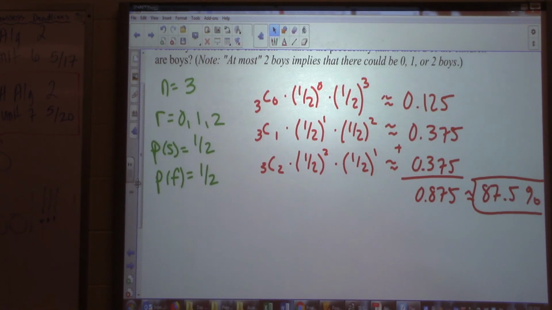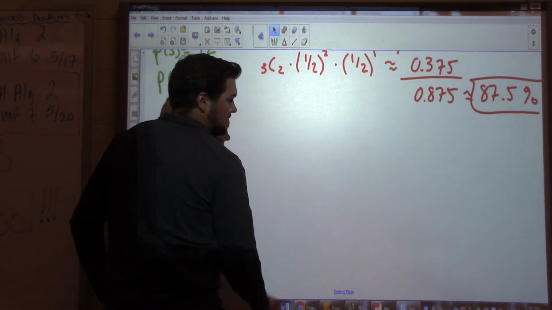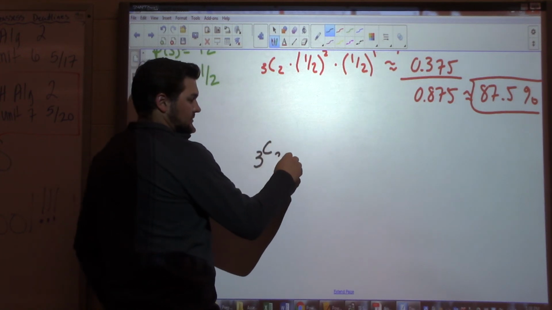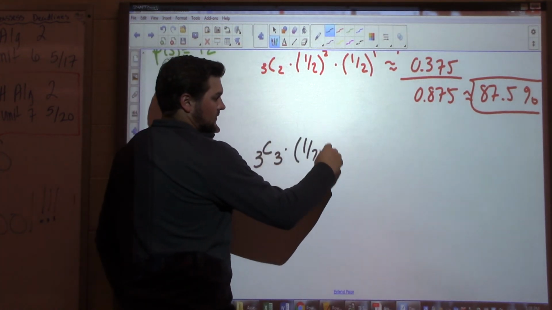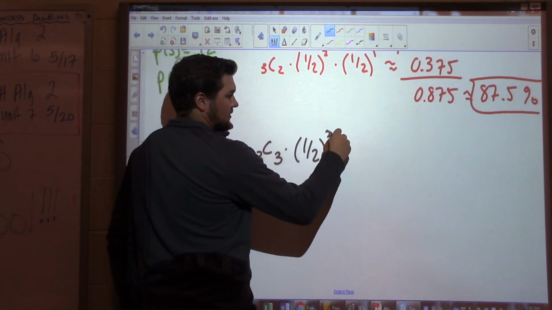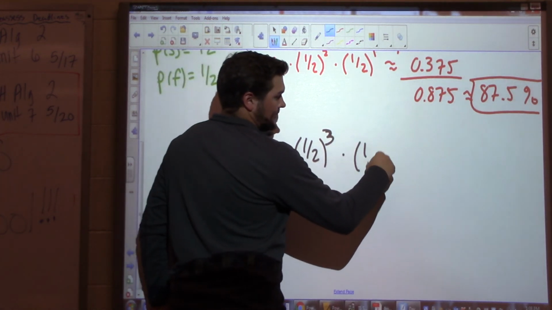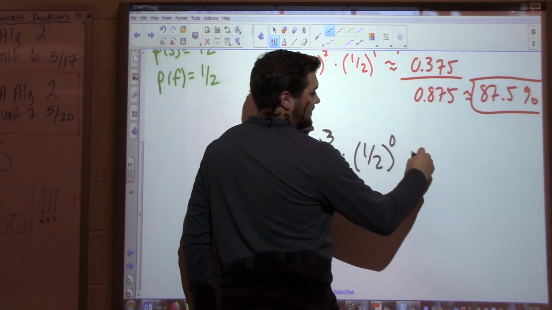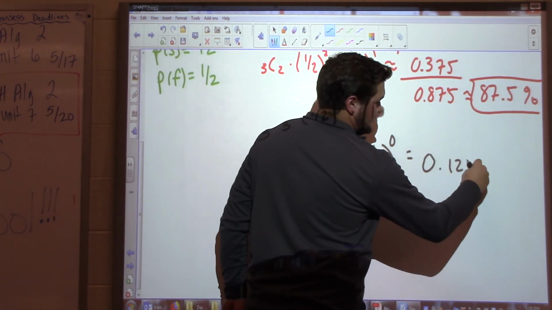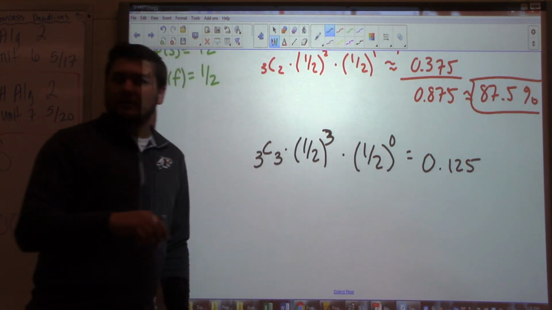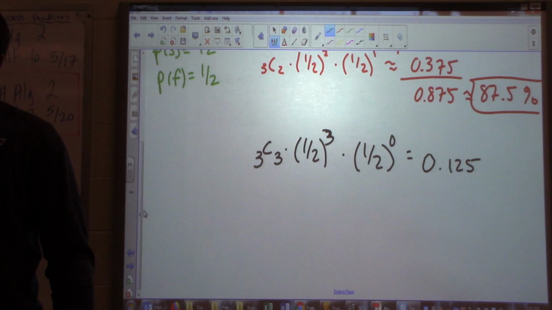Yeah, so sometimes, like on the homework tonight, it might be a little bit easier to work backwards. So instead of doing it this way, doing 3C3 times 1/2 to the 3rd times 1/2 to the 0, getting 0.125, and then subtracting it from 1.